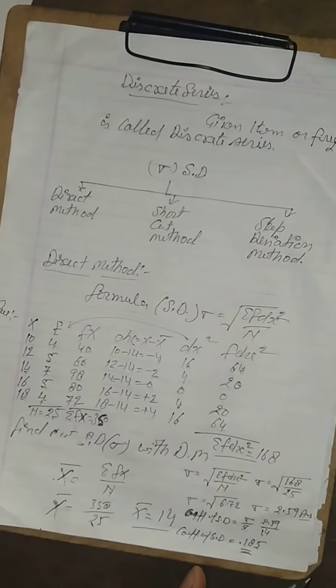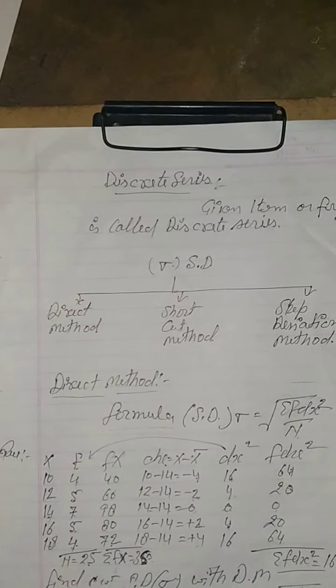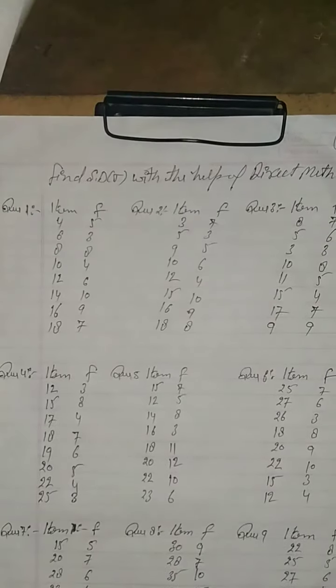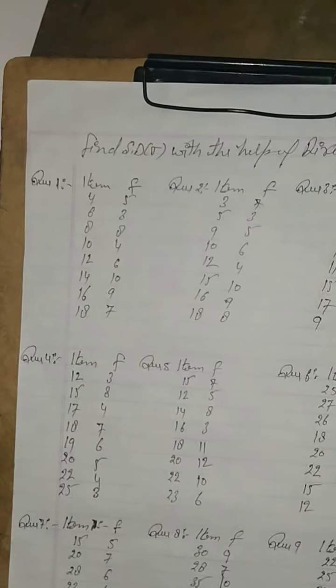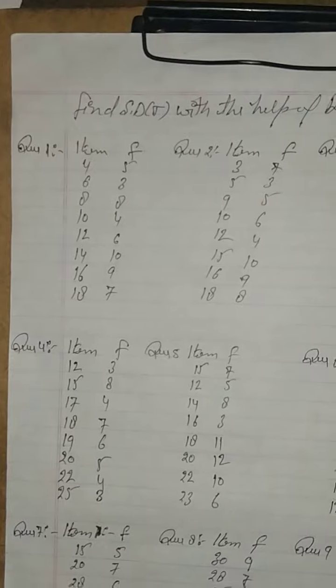Clear beta? I will send some questions to you and you will solve all the questions in your fair copy, and if you have any problem then you can call me.